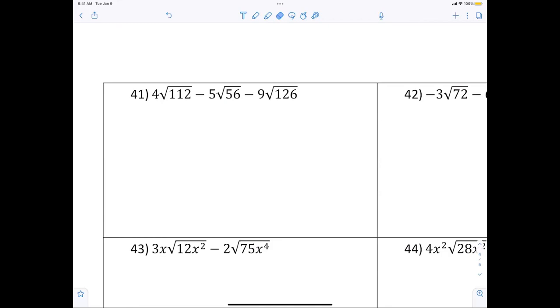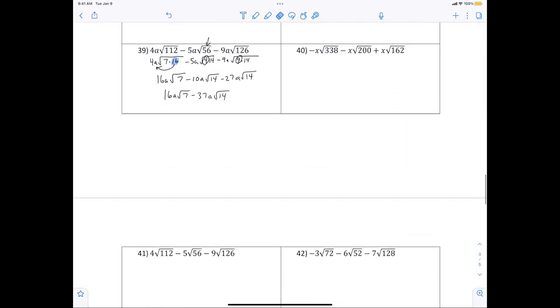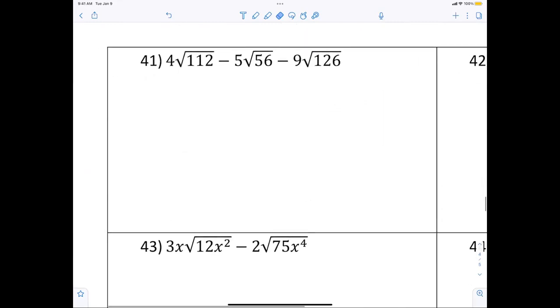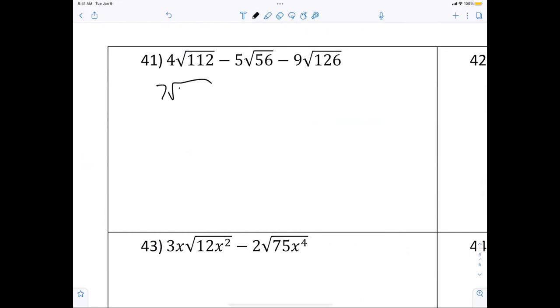Okay, so 41 was the same, except for the variables, right? So what was 112 again? 7 and 16. Repetition is not a bad idea. And then the square root of 16 is 4. Then 56 again: 4 and 14, square root of 4.